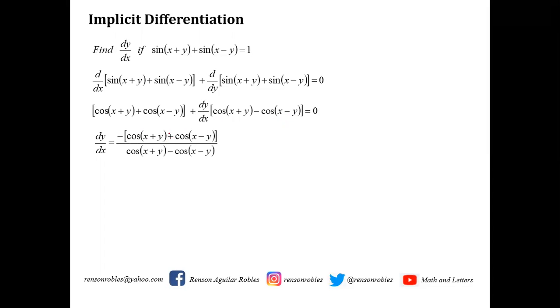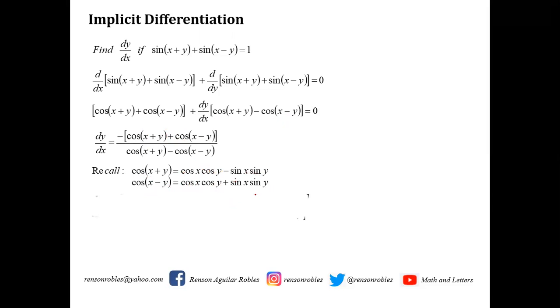Okay, and then to simplify further, we shall apply the sum and difference of two angles identity, such that cos(x + y) is cos x cos y - sin x sin y, and cos(x - y) is equal to cos x cos y + sin x sin y.